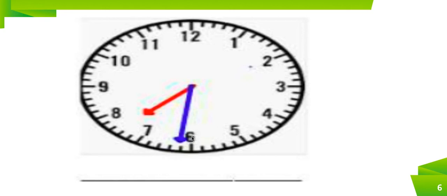Well, I know that if it were directly at the 6, we know that that's halfway, right? Half past. That would be halfway, so 30. But it's going to be more than 30, okay? But I don't count by 5s anymore. I count 1 more, okay?